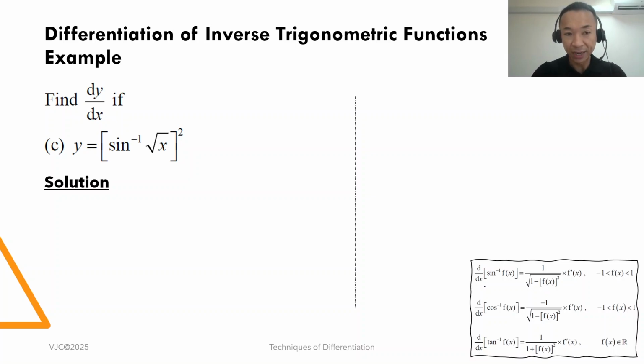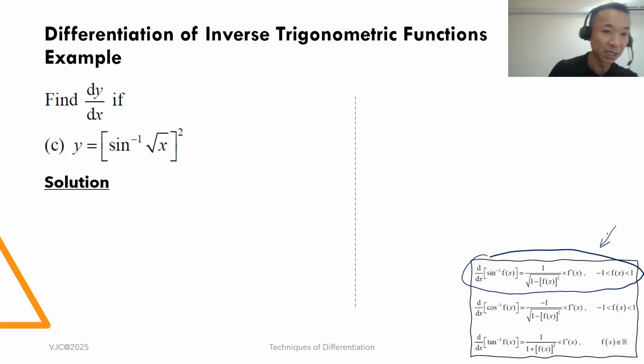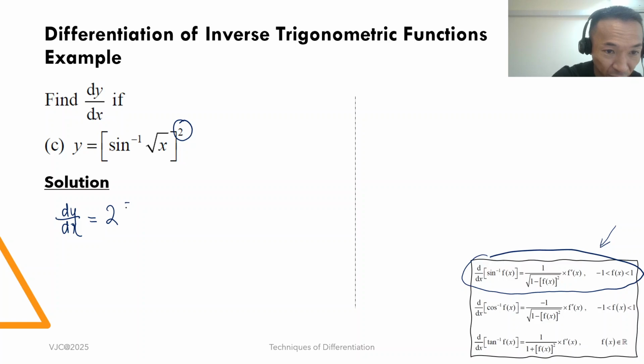For C, we will take a look at this formula over here, arc cosine f(x), which means this. dy/dx equals, you use the chain rule, this is to the power of 2, so you bring the 2 down. Most of you will say bring the 2 down.